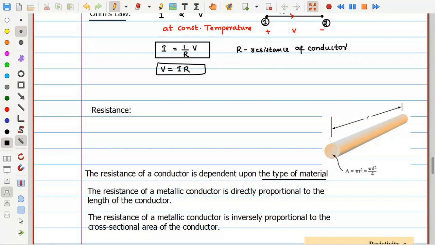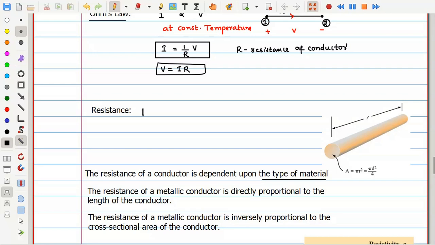Materials are classified into three classes, which I hope you have studied in physics: conductors, semiconductors, and insulators. Based on this classification, a material offers some amount of resistance. Some may offer less, some medium, some very high. So resistance is the property of the material.